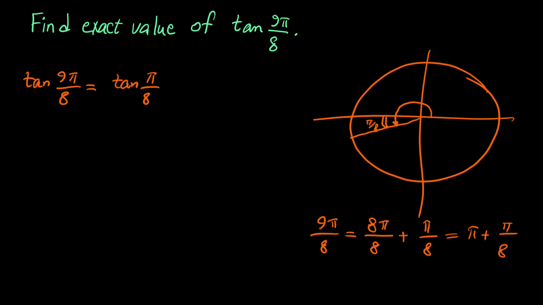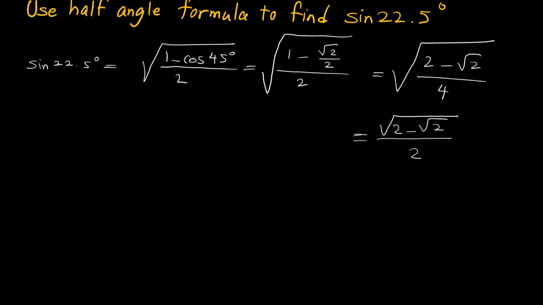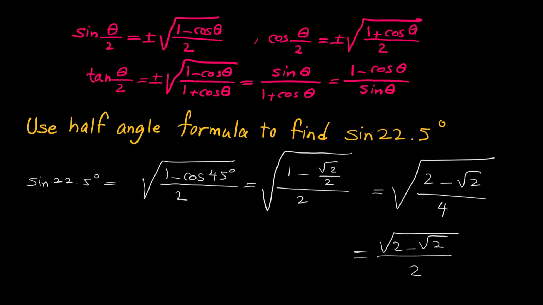So, now we have to find tangent of pi over 8. But which formula between these three formulas that we have here is better to be used? It's completely up to you. You can use any of these and the answers would be the same at the end. Here I want to use this relation for tangent of theta over 2.